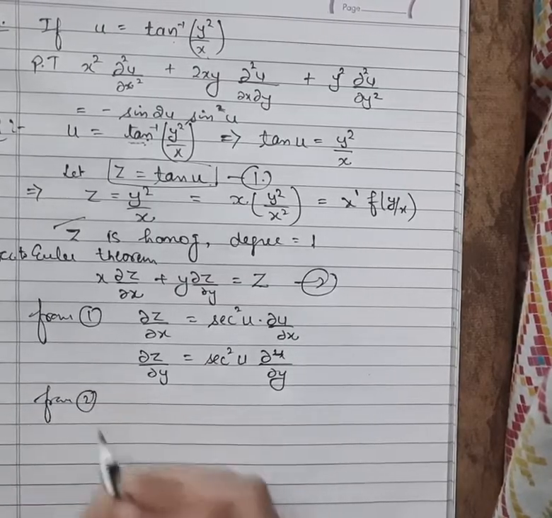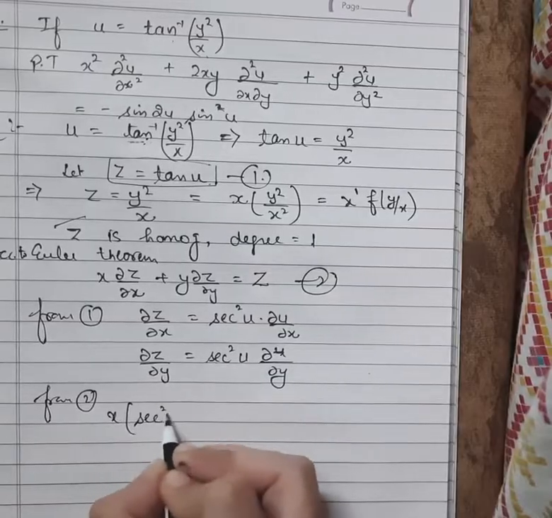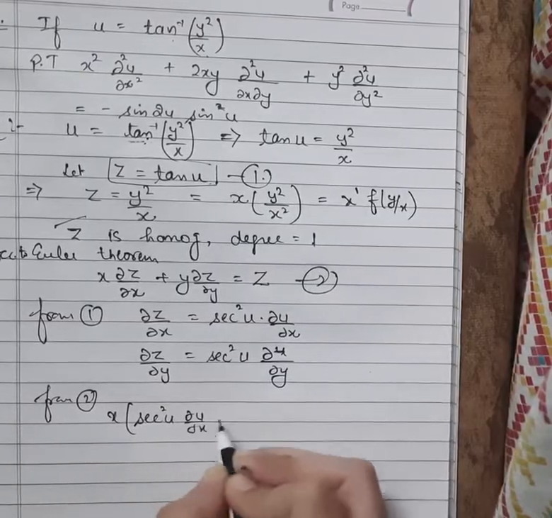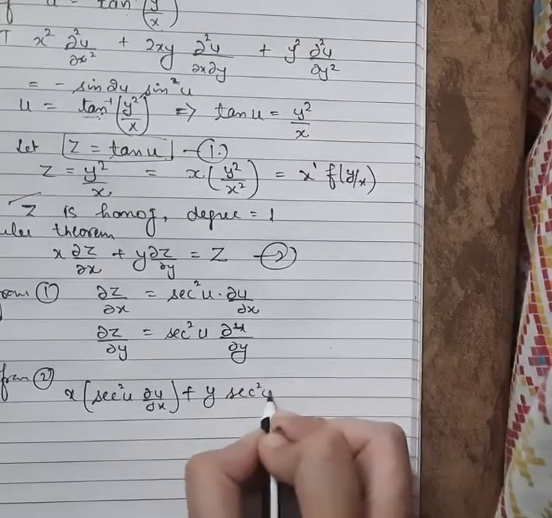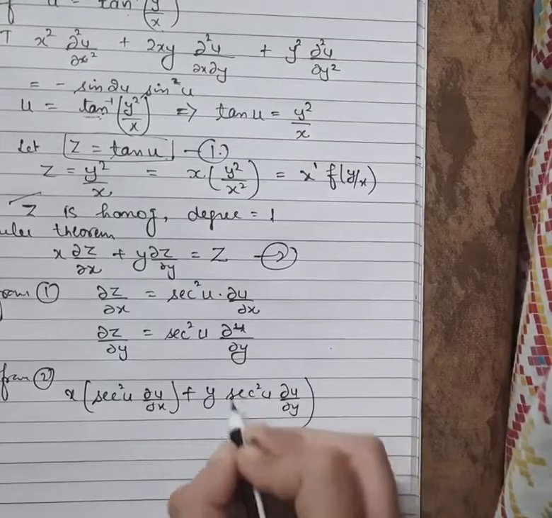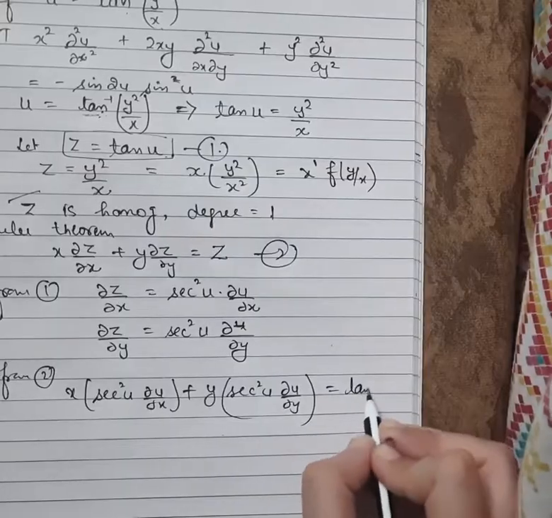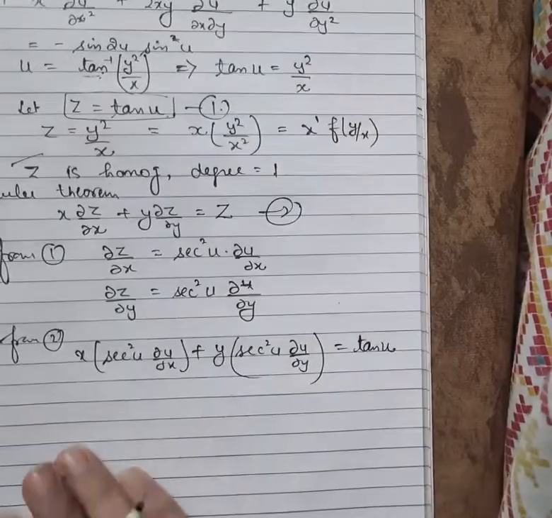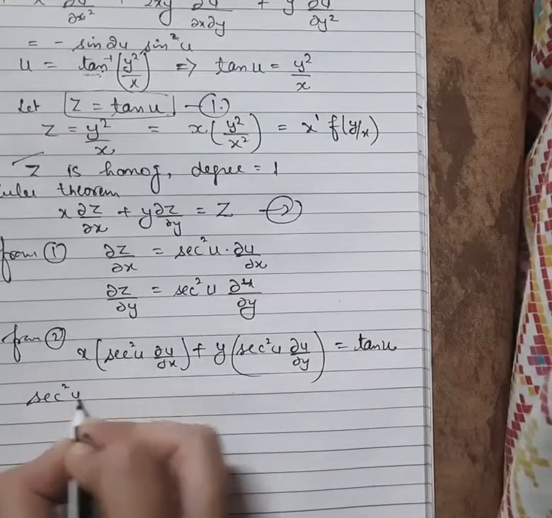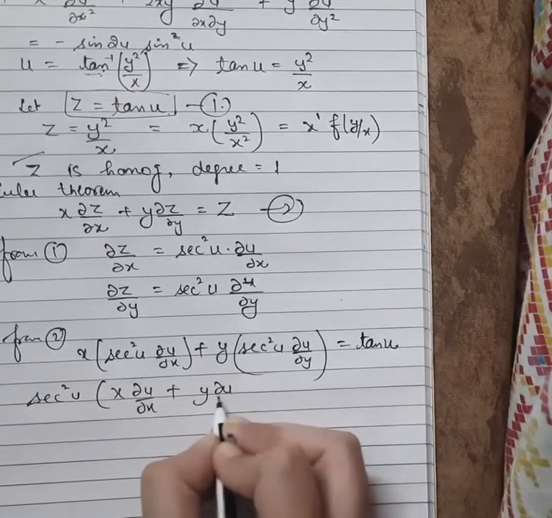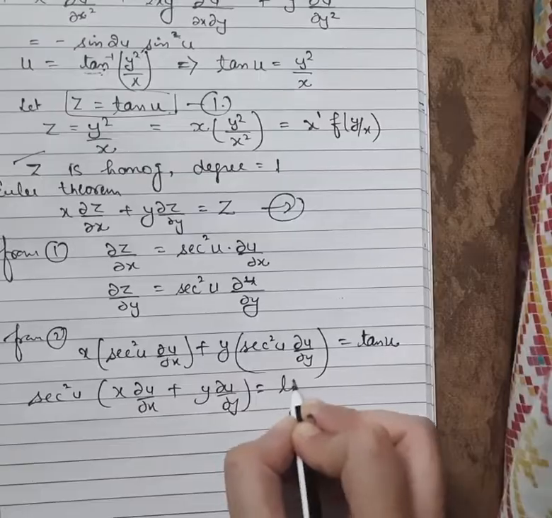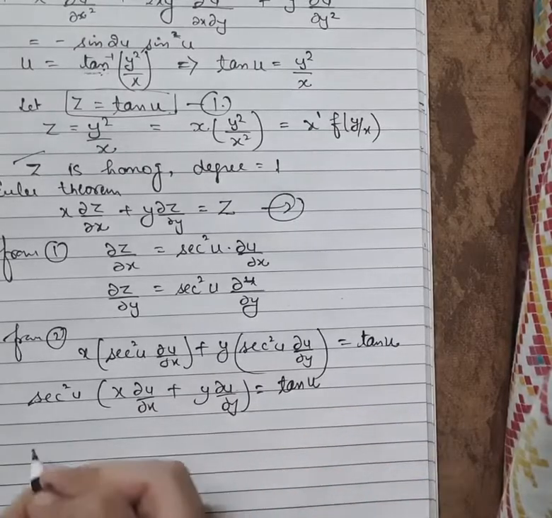What you will get? x times secant square u, ∂u/∂x, plus y times secant square u, ∂u/∂y, and the value of z was tan of u. Taking secant square u common, x times ∂u/∂x plus y times ∂u/∂y is equal to tan u.